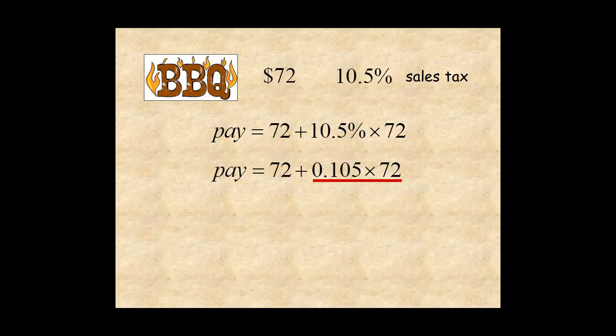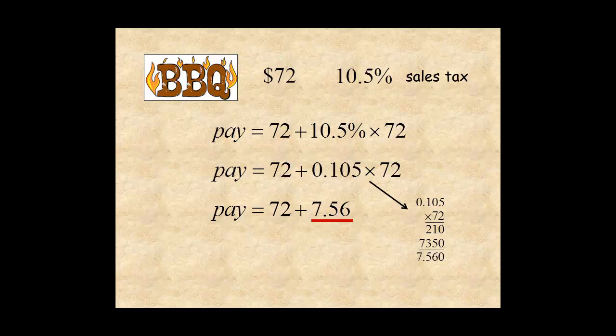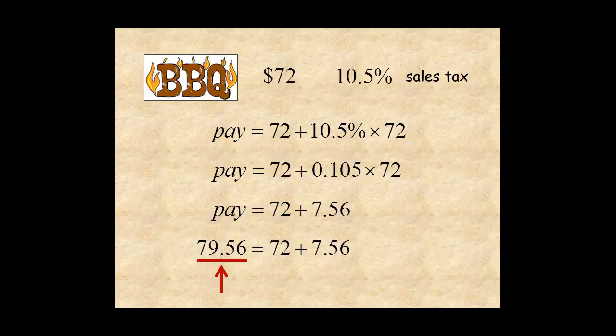Multiplying 0.105 times 72, you get 7.56. So the actual price you pay is 72 plus 7.56, or $79.56. So the sales tax changed the price by 10.5%.